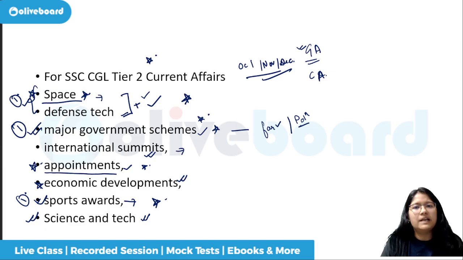Just go through those highlighted points once, all right? And try to focus on what is important, what is too much in the news. If it is defense plus space mixed, or a government scheme, or sports awards which are in the news. They can ask a question from film as well, so you can look into so many things, that is so vast.